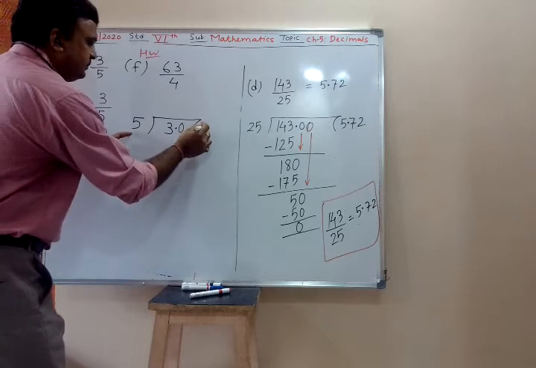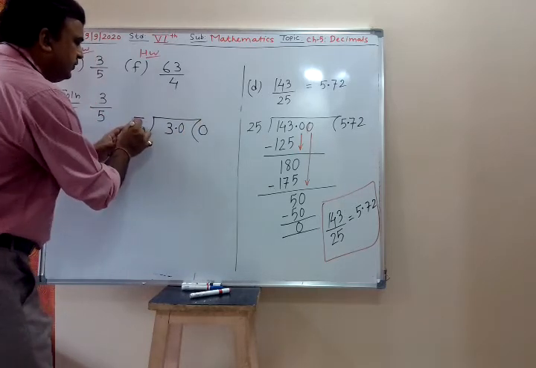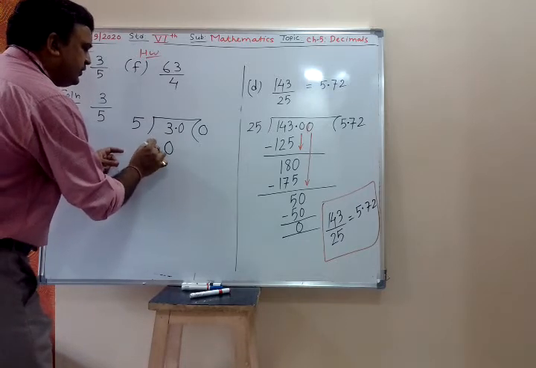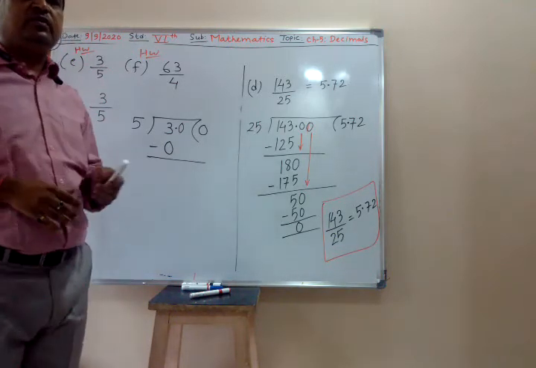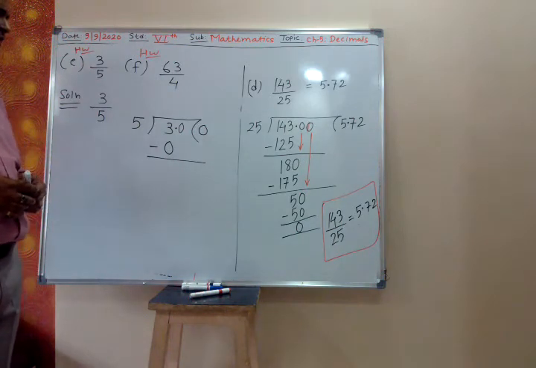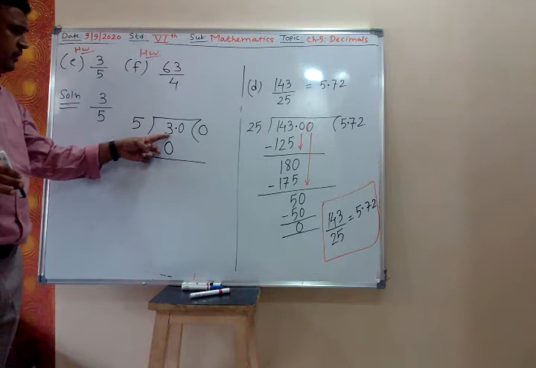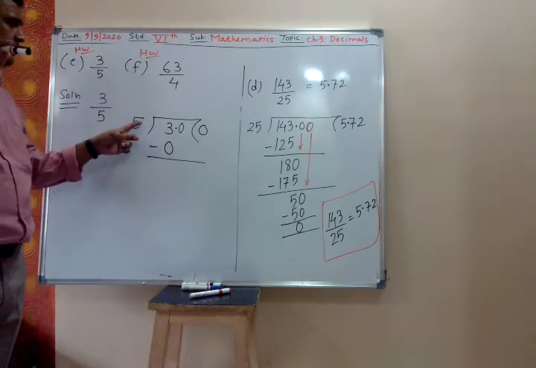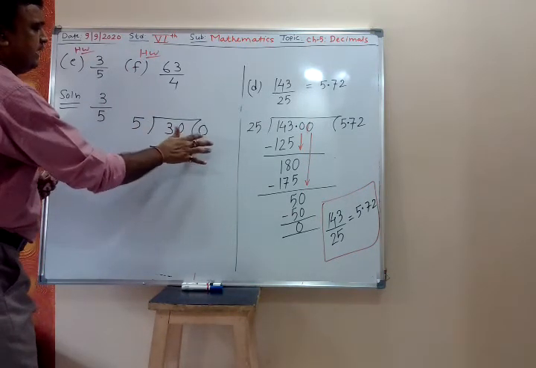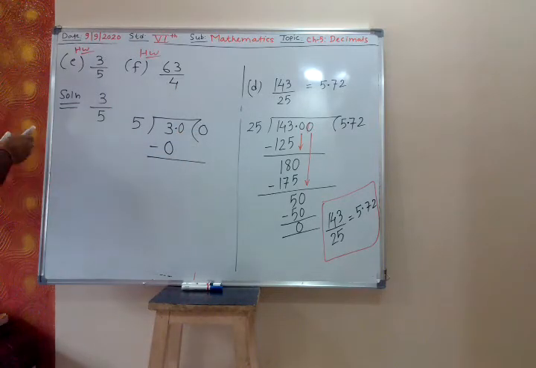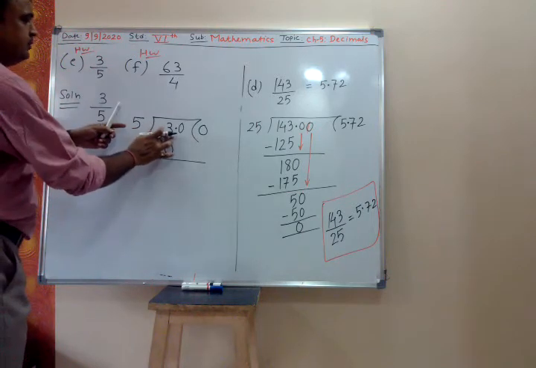So I will take 5 into 0, which is 0, because 3 is smaller than 5.